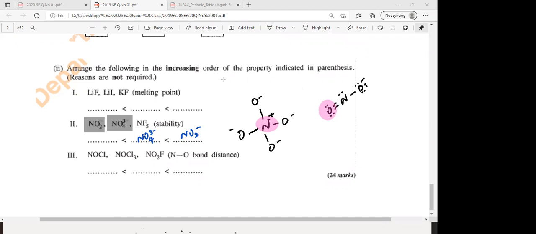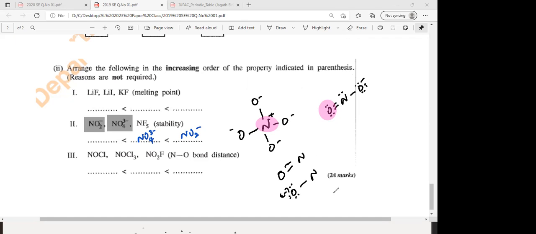Remember, the more stable arrangement is when oxygen is linked to the central atom with a double bond. That is the most stable one. Then the second most stable one is with a single bond with a minus charge, right? With a minus charge on oxygen. So this nitrogen is the central atom, minus charge.